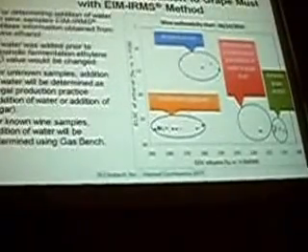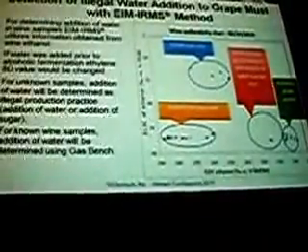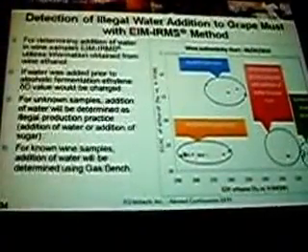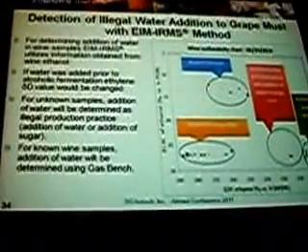On the other hand, SNIF-NMR utilizes information obtained from wine ethanol. If water is added, the ethanol delta D value would be changed compared to an authentic sample and fall out of the reference zone for the natural range for grape alcohol.